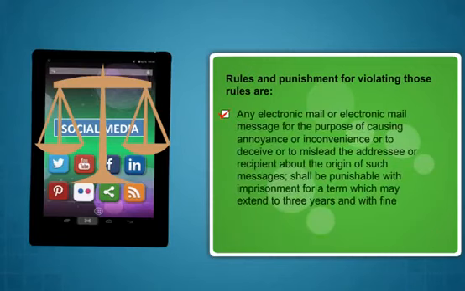Any electronic mail or electronic mail message for the purpose of causing annoyance or inconvenience or to deceive or to mislead the addressee or recipient about the origin of such messages shall be punishable with imprisonment for a term which may extend to 3 years and with fine.